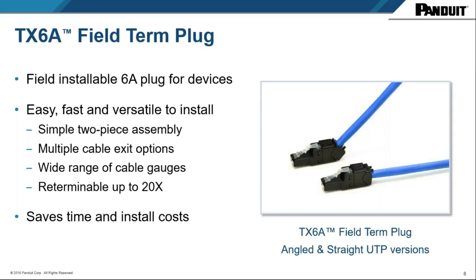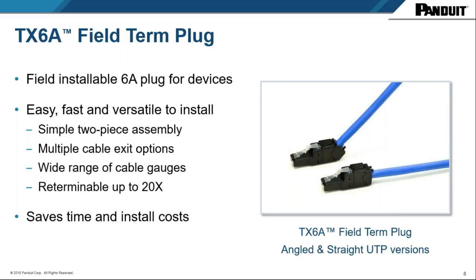As you can see in the picture, the one plug on the bottom is a straight exit. The one above it is in an angled up configuration that can also be wired differently and flipped around to be an angled down configuration.